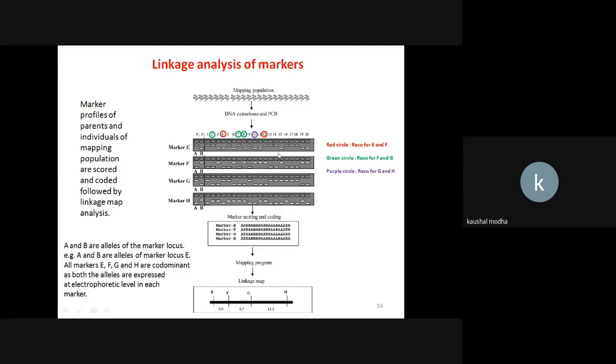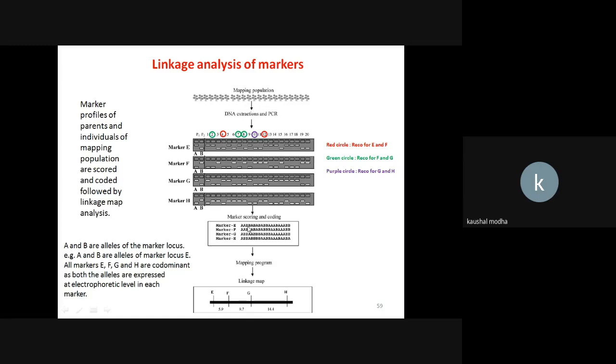Once you have the recombinant number, you can calculate the mapping distance. That is also observed in the scoring with the AB scoring pattern, for markers E and F. You can see here AA, which means it is common to P1. The second RIL is also common to P1, as we have observed.